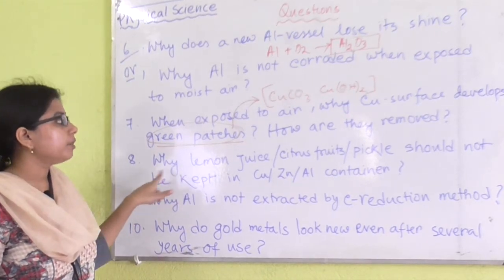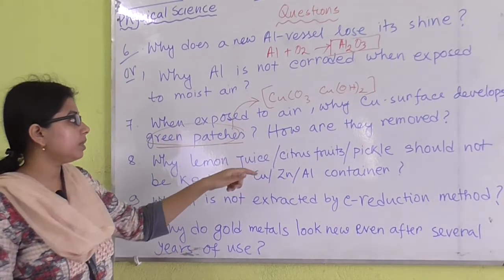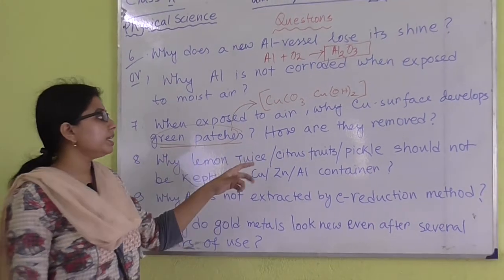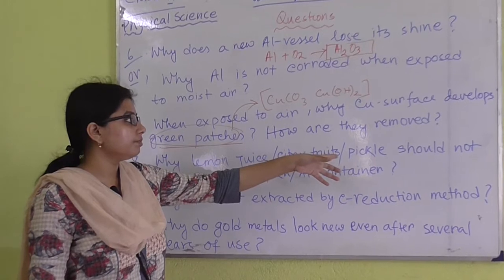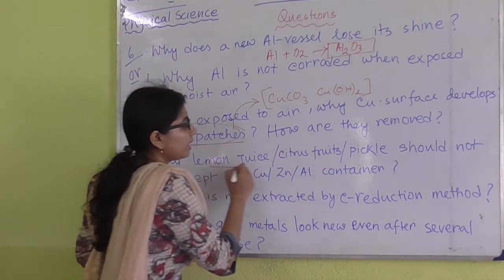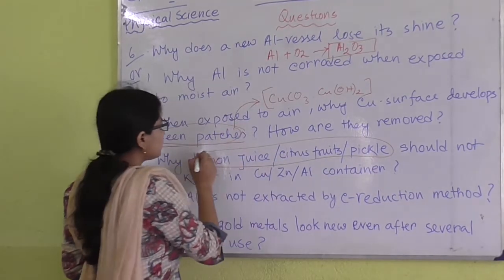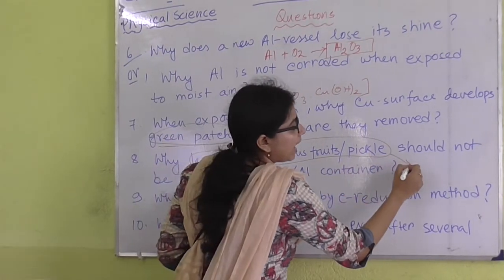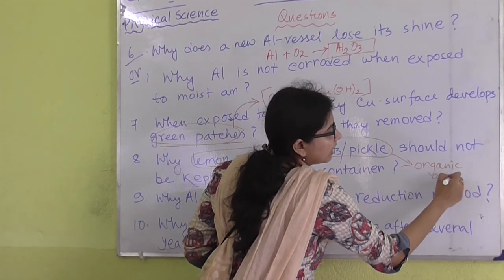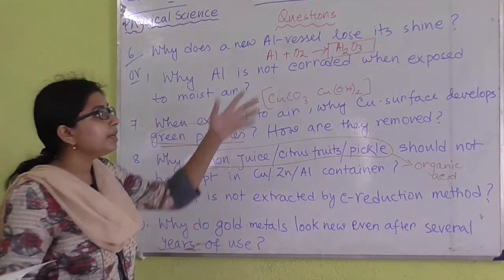And what is the cause behind the question? Because if we keep these citrus fruits or lemon juice or pickle, they actually contain organic acids. All these things contain organic acid, and these organic acids can easily dissolve the aluminum oxide.